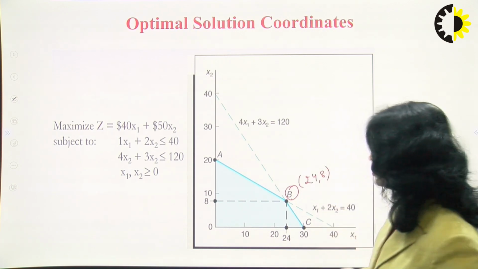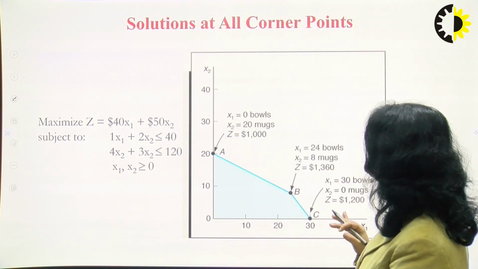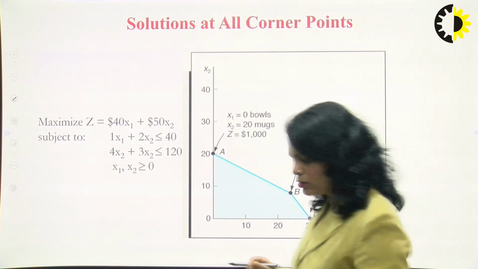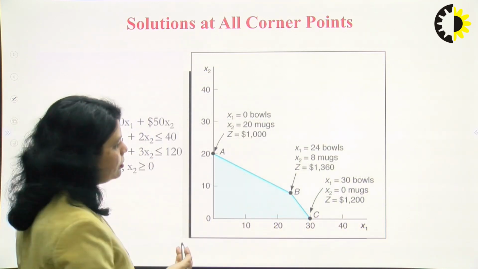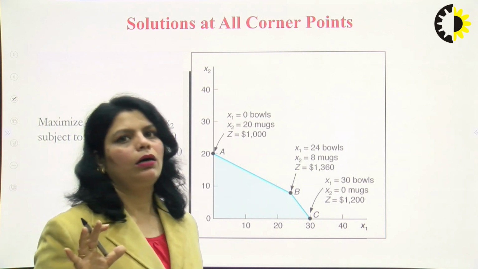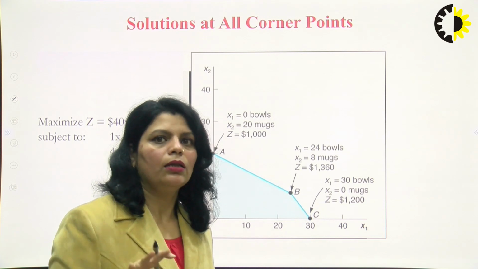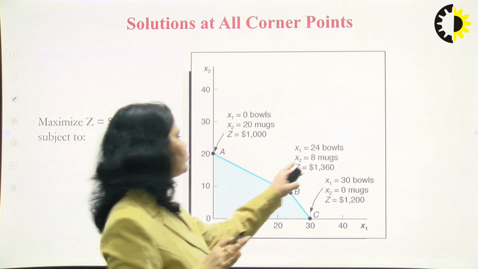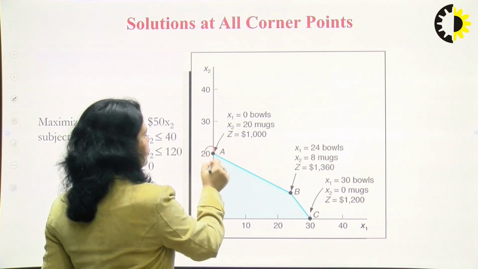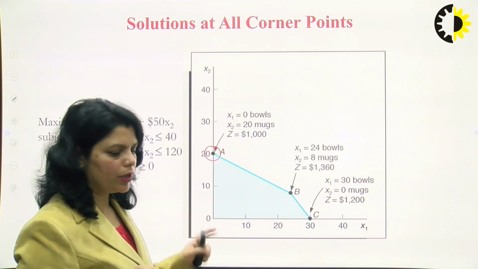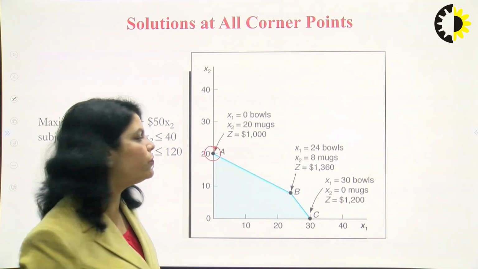Now we have all the coordinates. Now we want to find out the profit, that means we want to find out the number of balls and mugs that should be produced to maximize the profit. So we will put these coordinates into the objective function and find out the value of z.